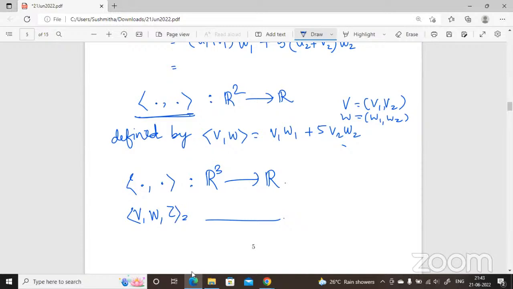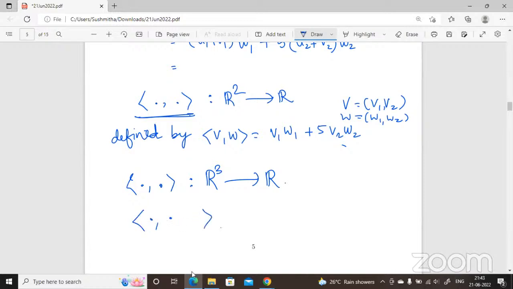No, because it is defined as dot comma dot. The inner product is always a function defined for 2 variables. You cannot have f of x comma y comma z for an inner product; you cannot have dot comma dot comma dot.